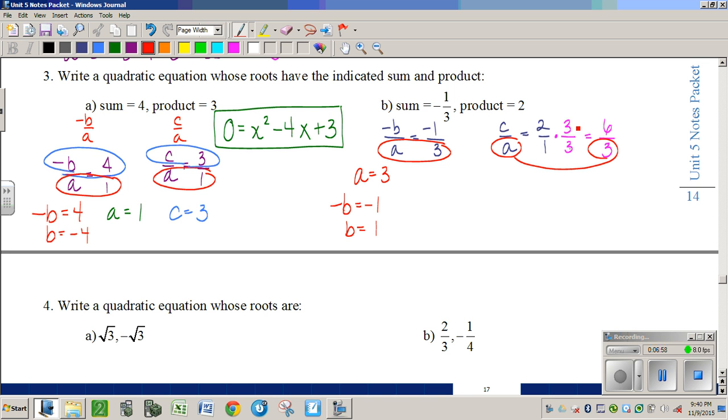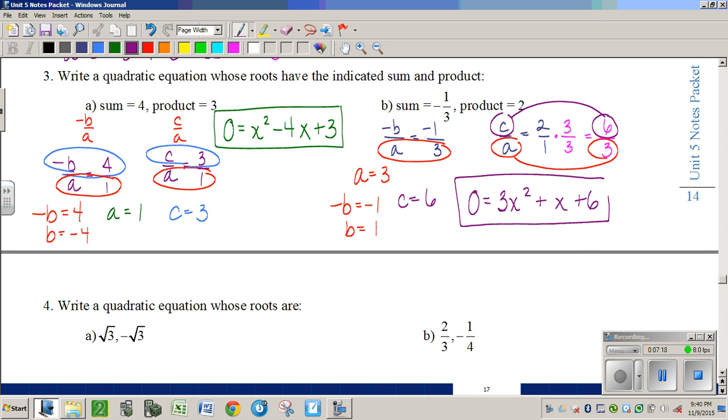And if I come over here, remember I multiplied by 3, so my C value is now 6. So we say 0 equals, our A value is 3x squared plus 1x plus 6. And there's the quadratic whose sum is negative 1/3 and product is 2. Okay.